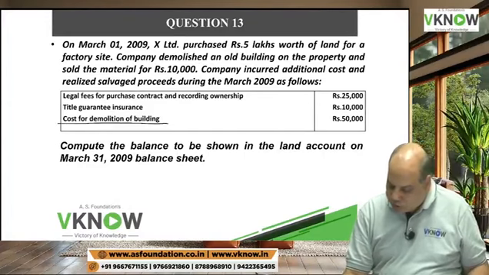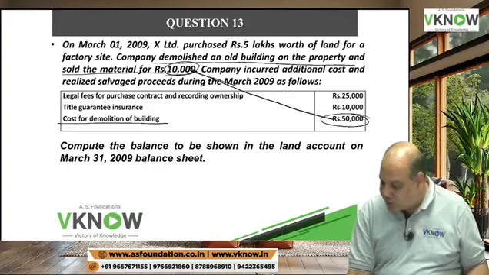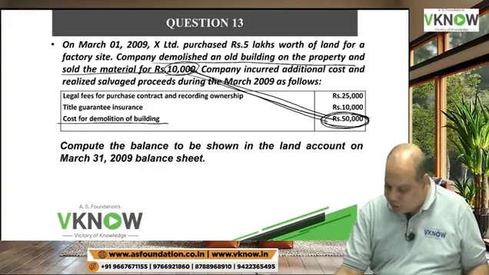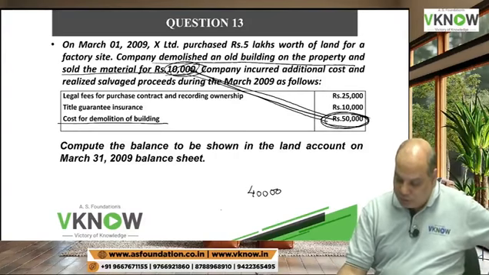What is the cost of demolition? 50,000. Whatever scrap you generated, you sold it for 10,000. So net site preparation cost will be 50 minus 10, 40,000. 40,000 will also be treated as the cost of PPE.